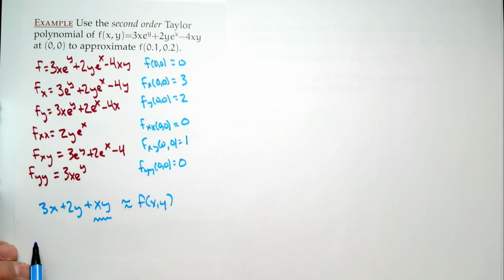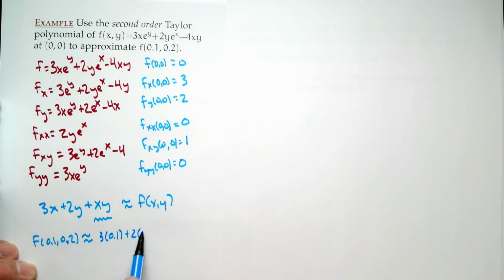So f of 0.1, comma 0.2 is approximately 3 times 0.1 plus 2 times 0.2 plus 0.1 times 0.2. Well, 3 times 0.1, 0.3. 2 times 0.2, 0.4.